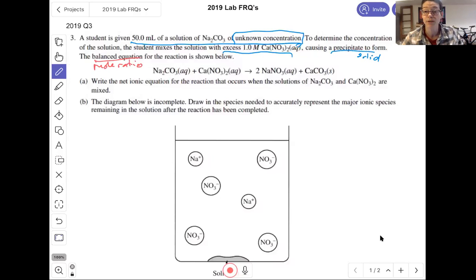So what this process is describing is gravimetric analysis, right? That first lab procedure. And you know that because anytime you have a precipitate, that's what you're doing. Precipitate is going to mean you want to filter, you want to rinse, you want to dry, and then you want to weigh. That's the entire point of making a precipitate.